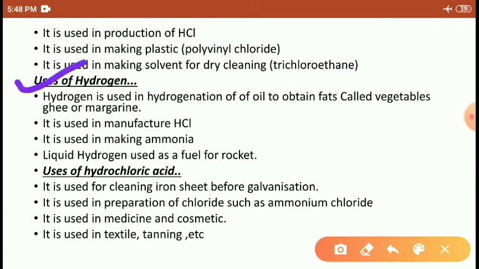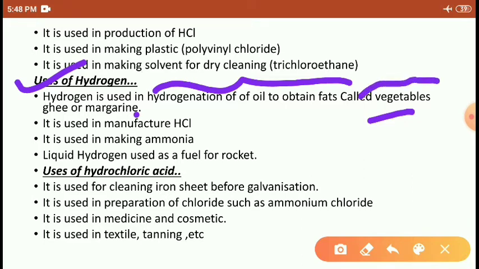Hydrogen is used in the hydrogenation of oils and fats, called vegetable ghee or margarine. So whatever oils are there, we pass hydrogen gas through the oils and fats. The hydrogen gas comes into contact with the oil and combines with it to form vegetable ghee.